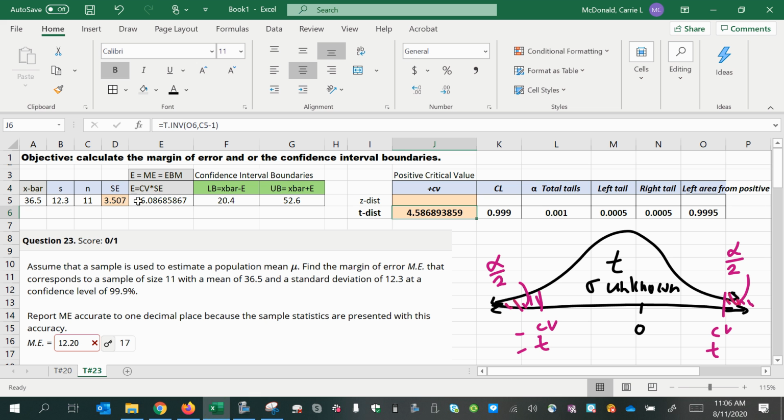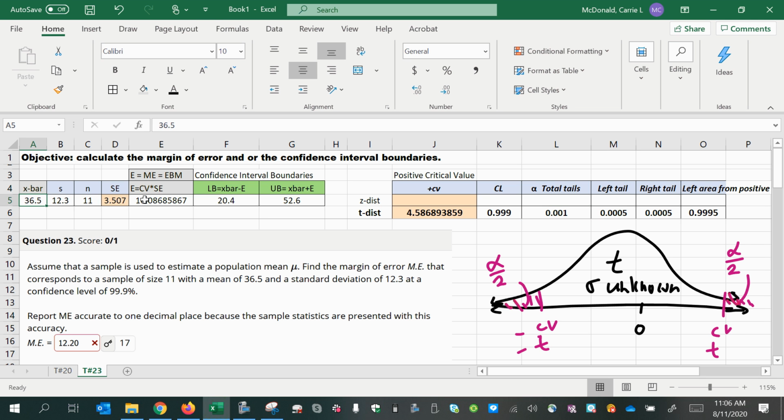And now that my margin of error is calculating as a positive distance, I can see that my confidence interval boundaries actually make sense. So the margin of error that we were asked for in this problem was 17. Now mine's rounding to 16, so let's see why that might be. Did I put anything in wrong anywhere?